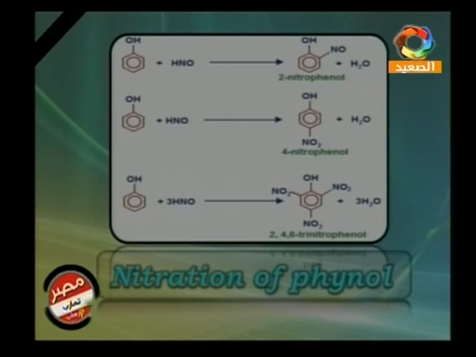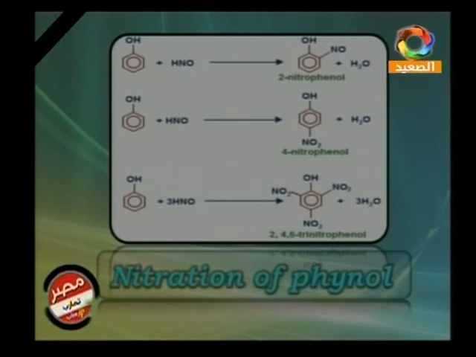Why? Because the hydroxyl group directs this NO2 group to the second carbon atom of the benzene ring. It directs it like this. So the first one we have is 2-nitrophenol plus H2O, and this reacts with another HNO3.